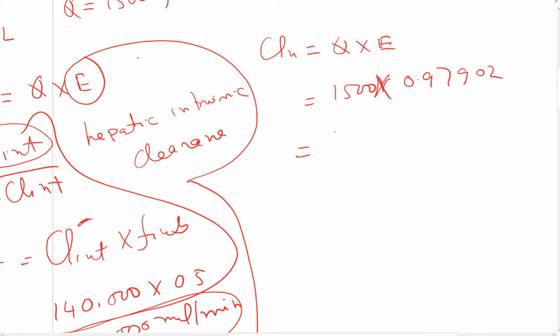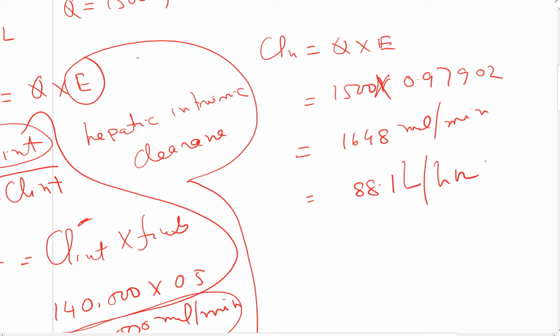Our CLH is going to be 1468 milliliter per minute, which, if you convert to liter per hour, is 88.1 liter per hour.